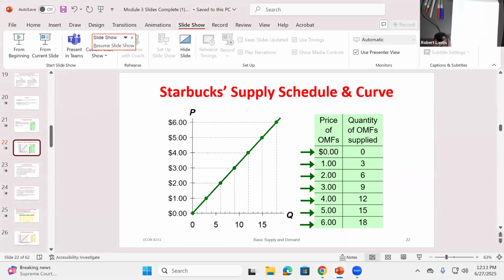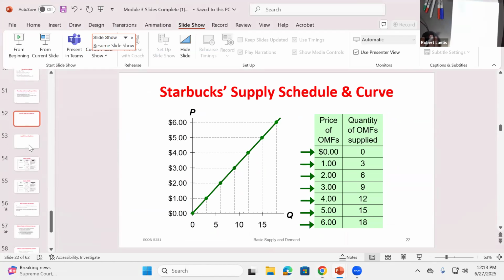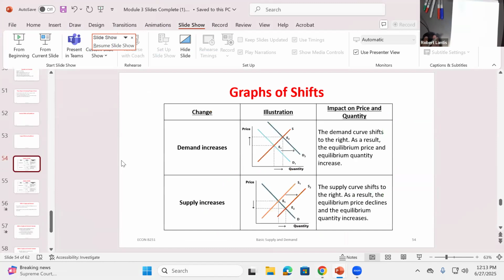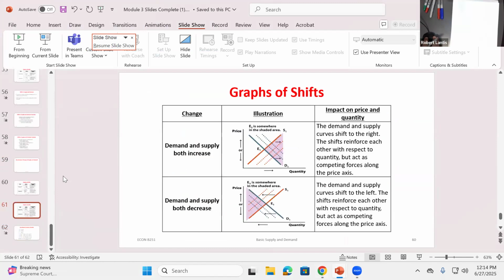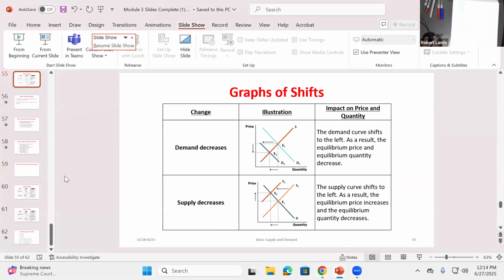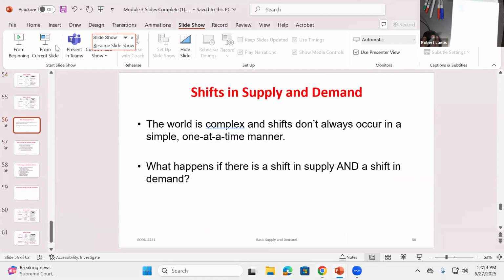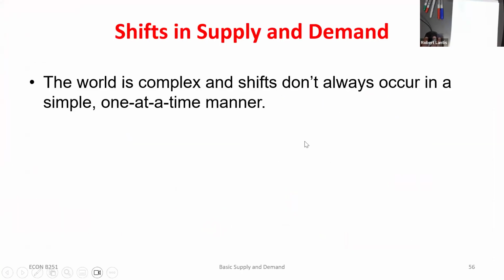Simultaneous changes. Let's go through a simultaneous shift one. If we have a little extra time, I'll touch on shortages and surpluses. If we don't, we'll wrap up module 3. And for any quiz question related to that, you might get a freebie on the shortage and surplus stuff.